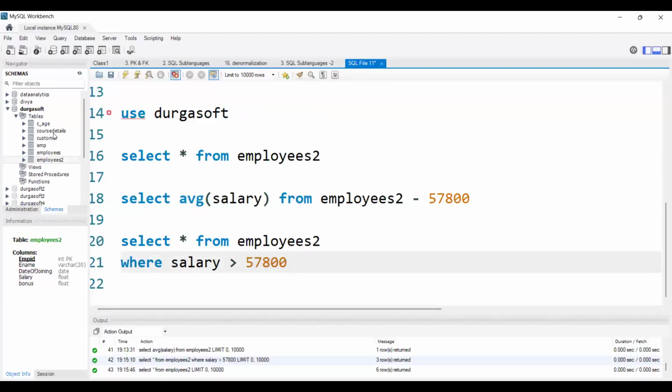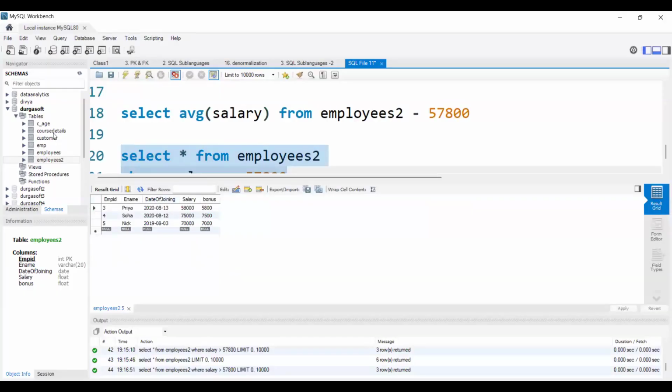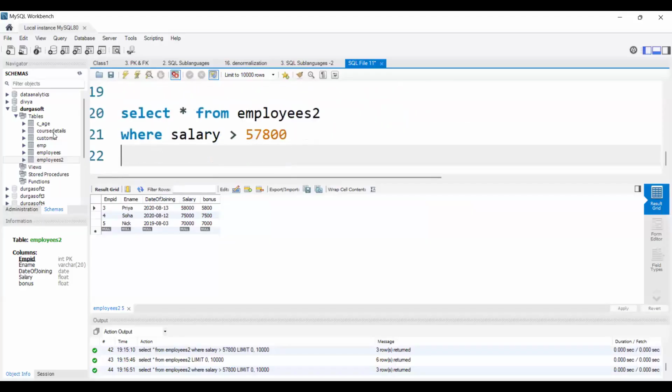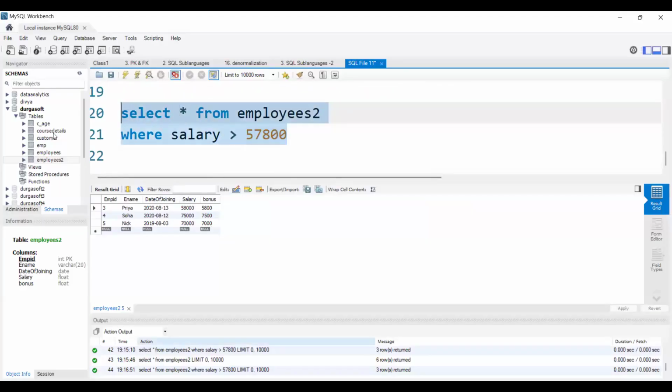I found the average salary and got this one, and if I solve it like this, the details I got are correct, but only for now. Maybe after one week, whenever the data changes, this won't work, right?